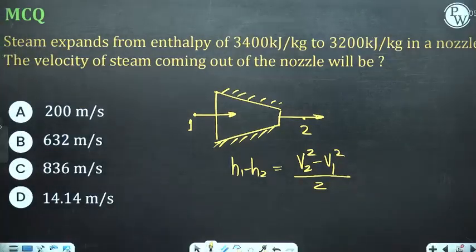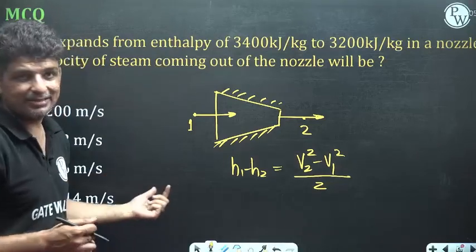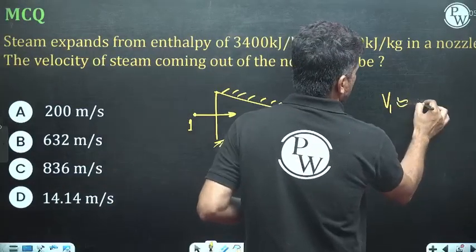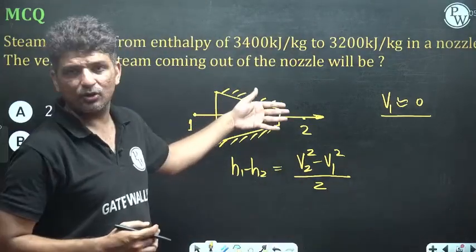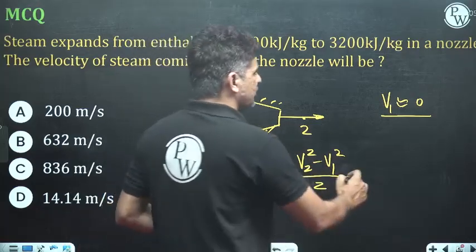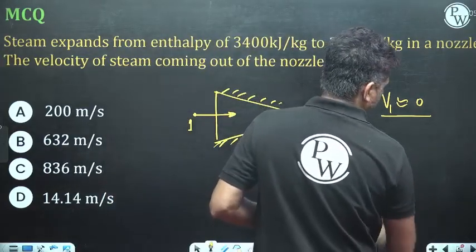Generally, V1 is very, very small. V1 is in the range of 0. When steam is entering the nozzle, that is entering at very low velocity. So we almost neglect it. So this becomes V2 square divided by 2.